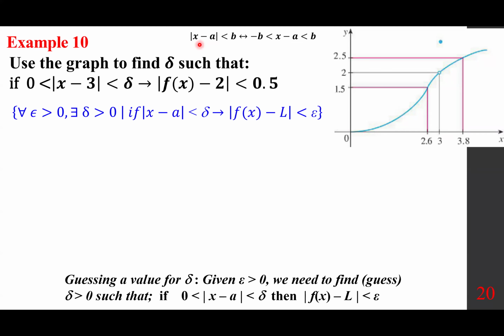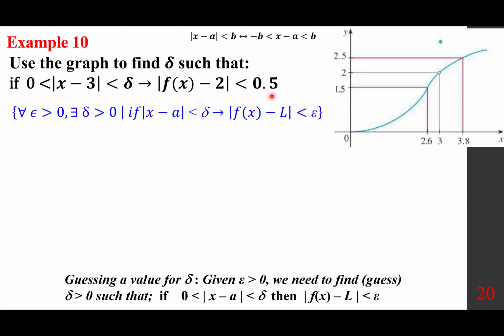Before we do that, I want to remind you, if the absolute value is less than b, where b is a positive number, then you can drop the absolute value and sandwich it between the negative and positive values. So again, although we can read it from here, I want to just make a point.